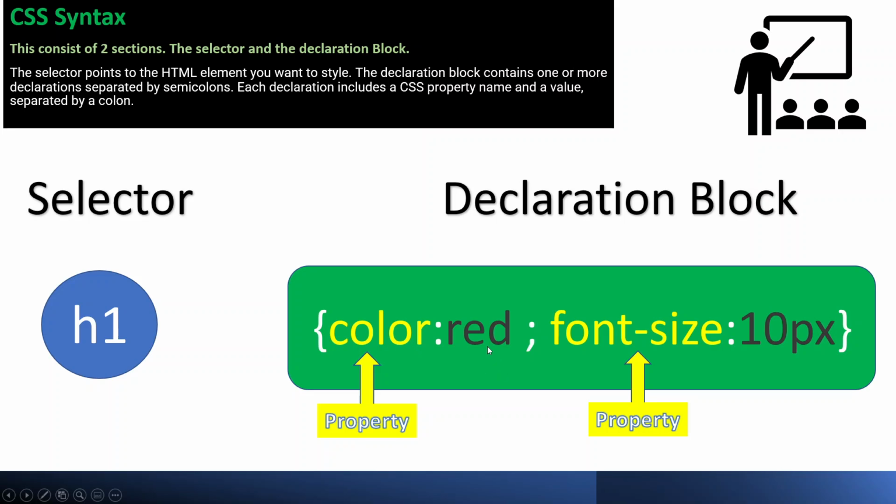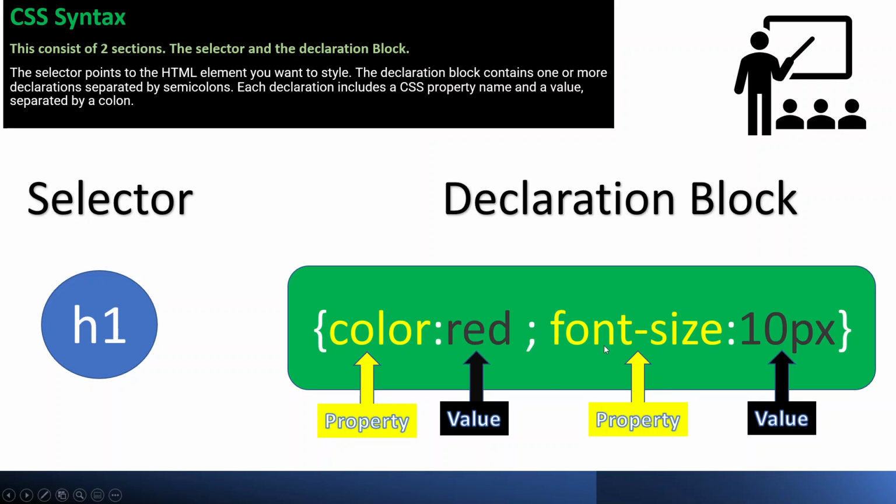So this is your property and this will be your value. This is saying that you want to apply a value of red to the property color of the H1. So you want to basically color your header red, right?